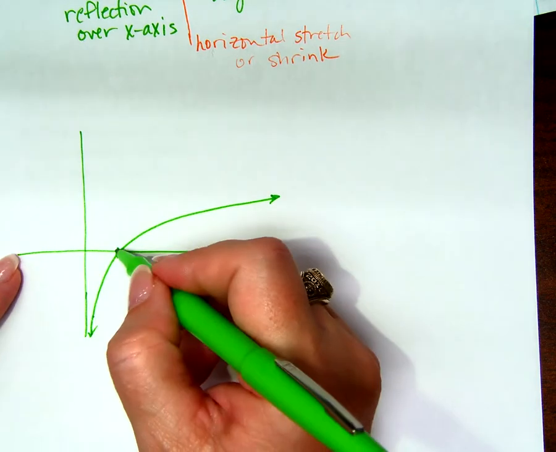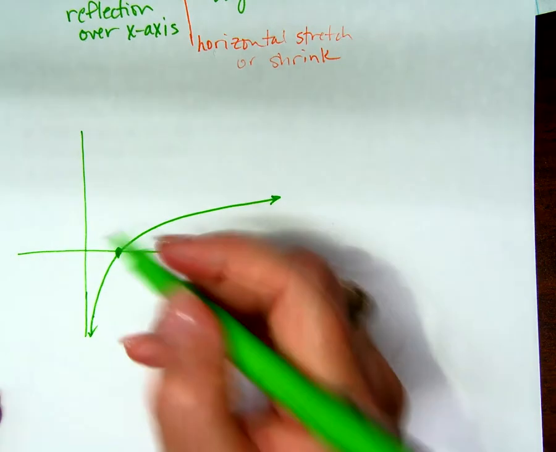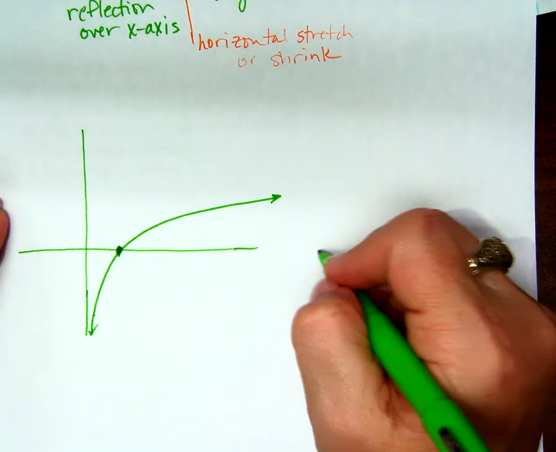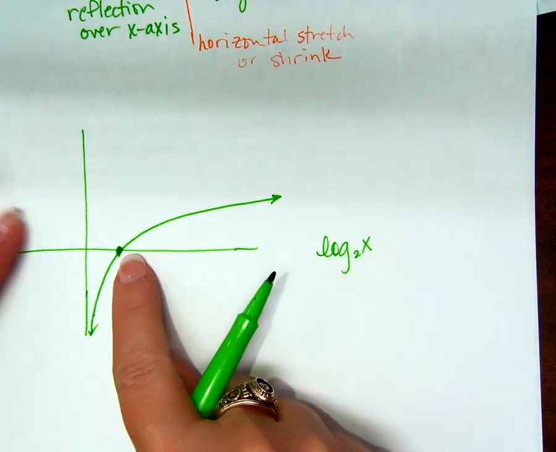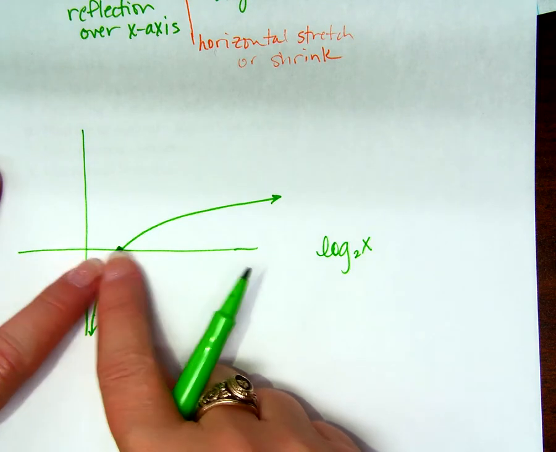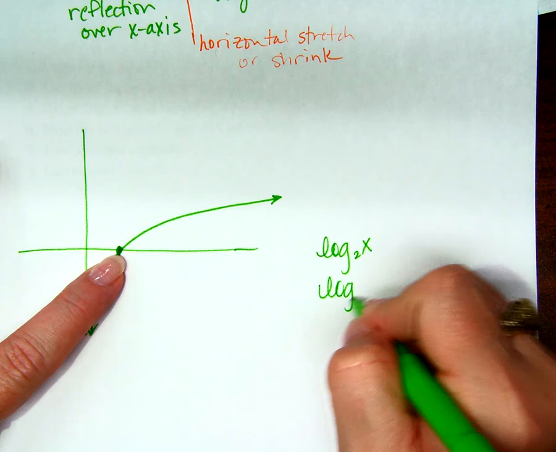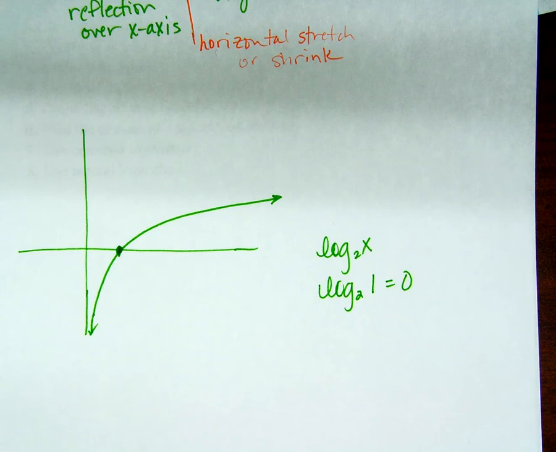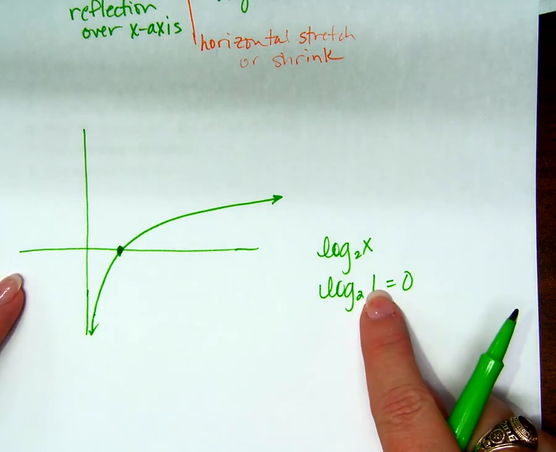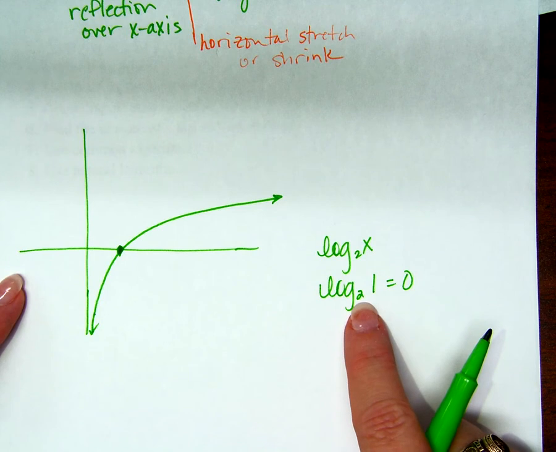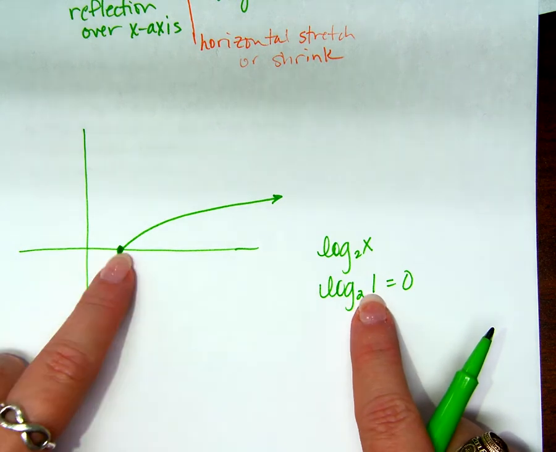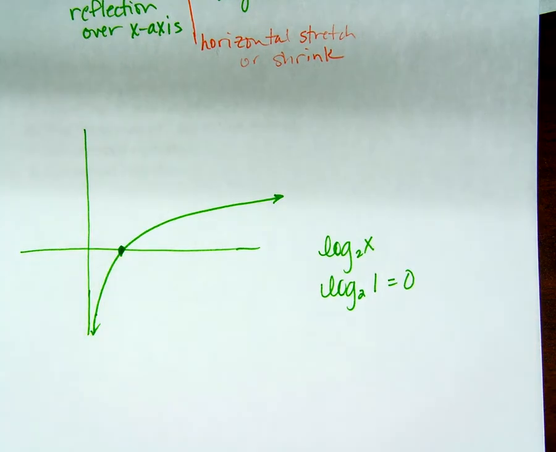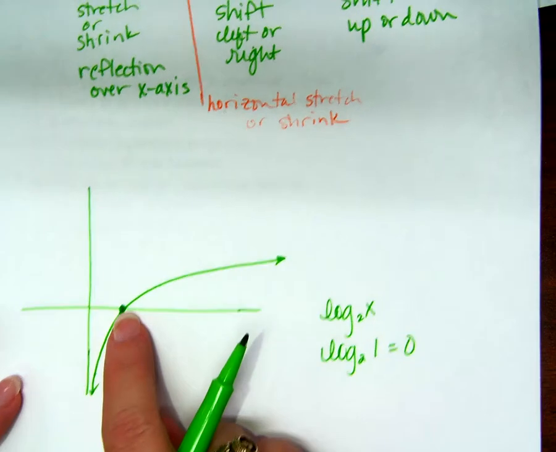No matter what the base is, the parent function will go through that point. Why is that? Log base 2 of x. I'm saying it'll always go through the point (1, 0). So it would be log base 2 of 1 equals 0. Is that a true statement? Because 2 to the 0 power equals 1, right? No matter what the base is, if it was 5 or 10 or 12 or anything, it's going to go through the point (1, 0) because x is 1 and y is 0. Everybody understand? So when we do the shifts, the transformations, that's the point we move.